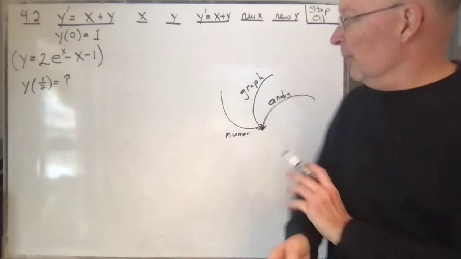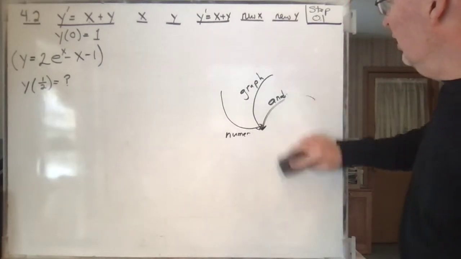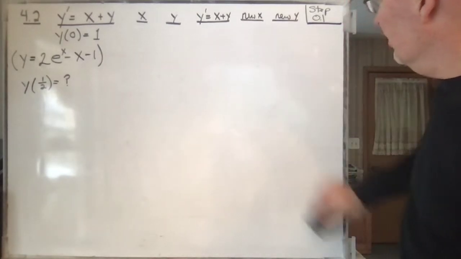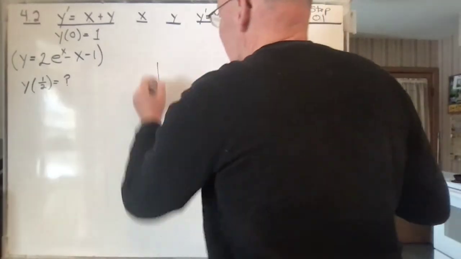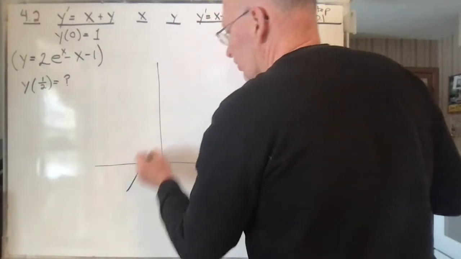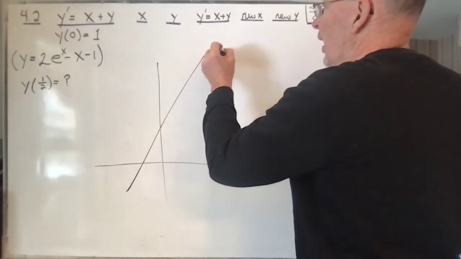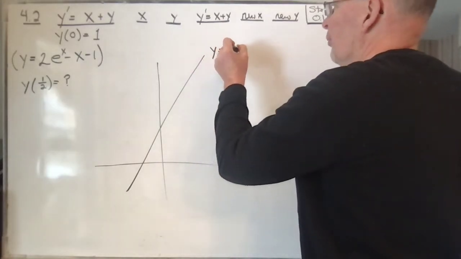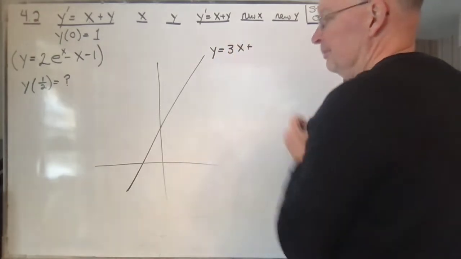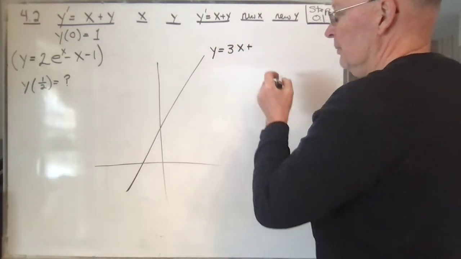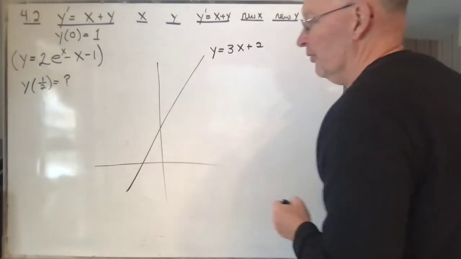And before we do that, let me remind you of something that you should have in your bones. You should understand from an algebra course. Suppose you have, say, the graph of y equal to 3x plus 2.